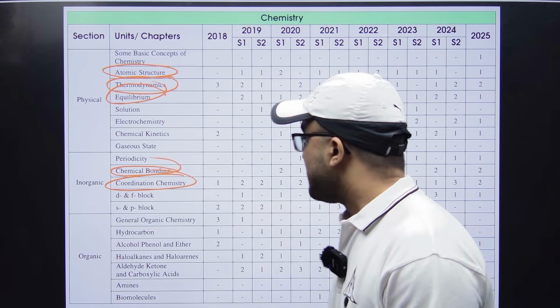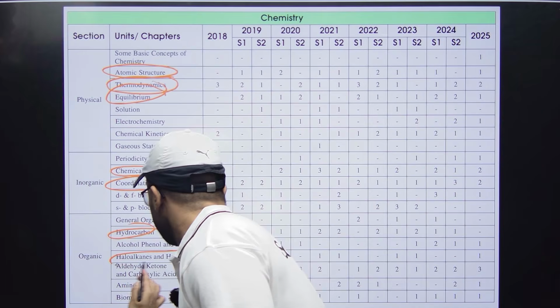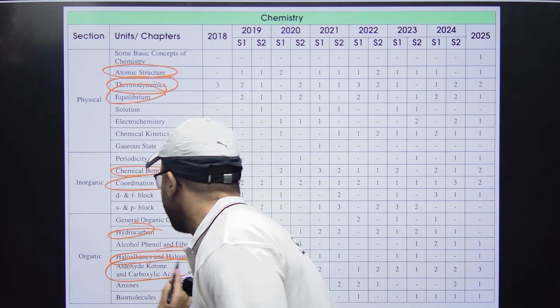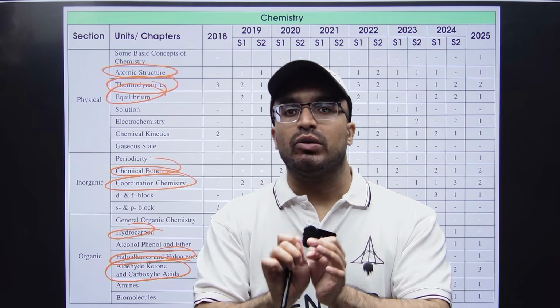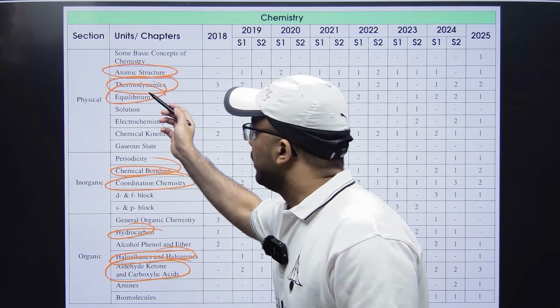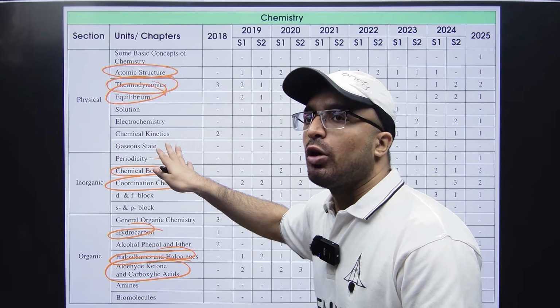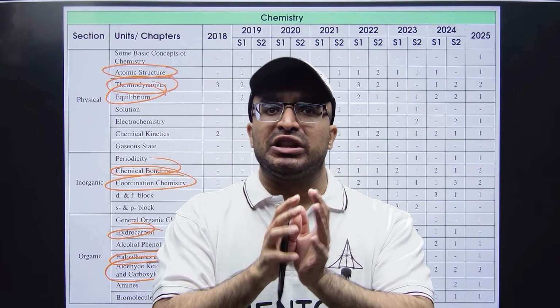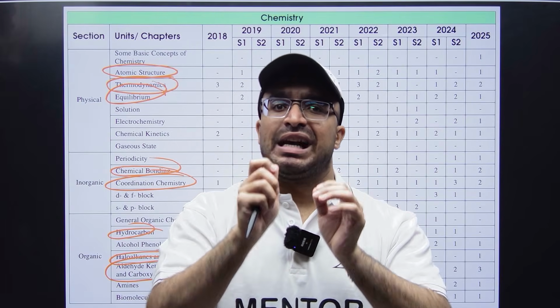Now coming to organic chemistry: hydrocarbons, haloalkanes and haloarenes, and aldehyde, ketone and carboxylic acid. At least these 3 topics you should cover. So these are 7 to 8 topics that, if you cover them in your chemistry portion, you will score some good marks in your NEST exam.